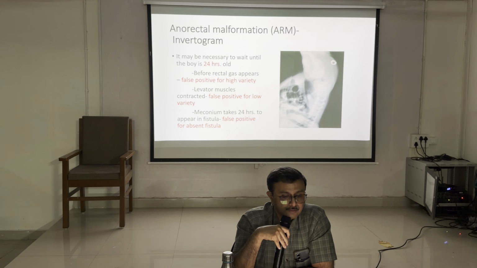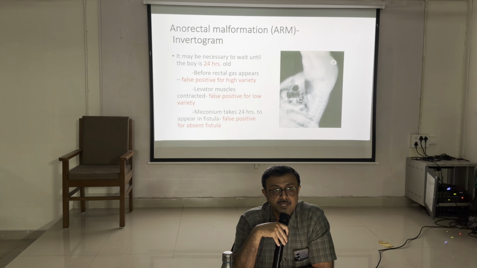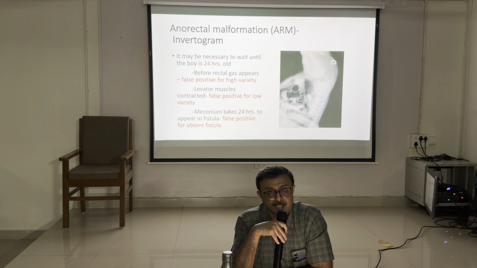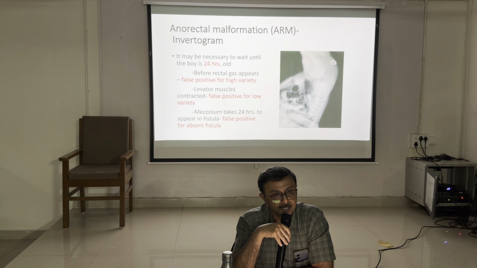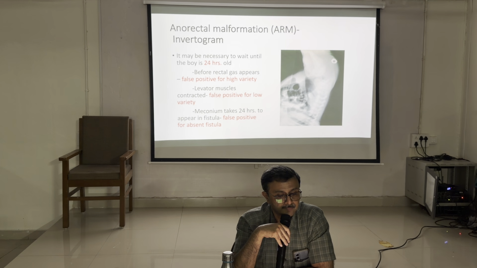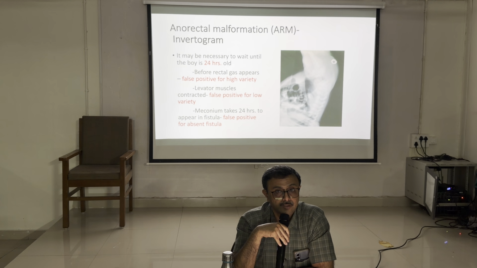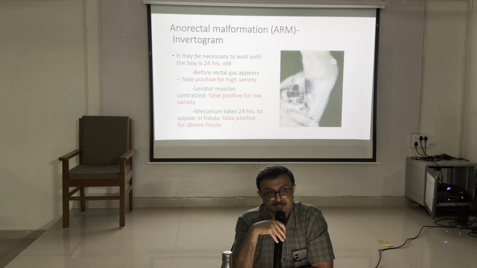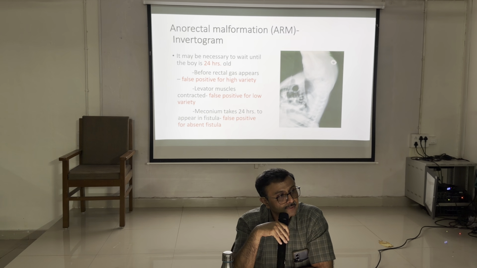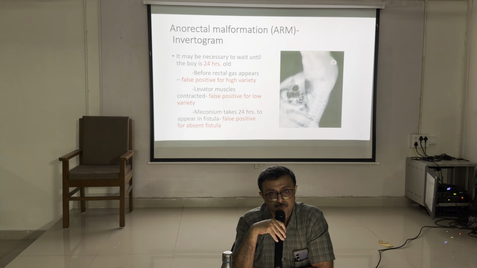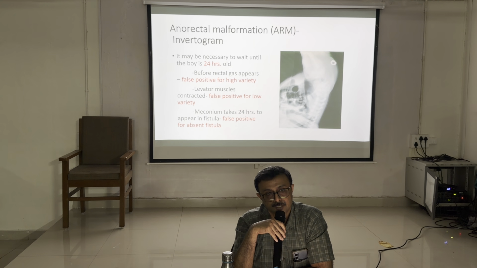Basically, the rectum is opening on the abdominal side or not open. And rectal atresia: the distal end is closed, it is not open. If it is open on the abdominal side, that is a fistula. So anorectal malformation can be of two types, with fistula and without fistula.